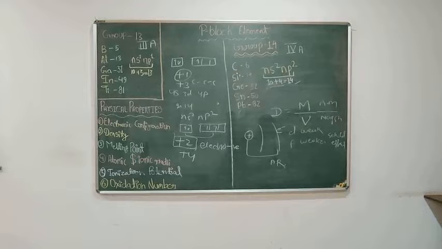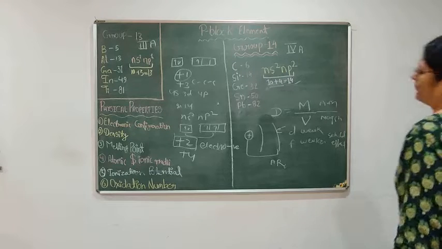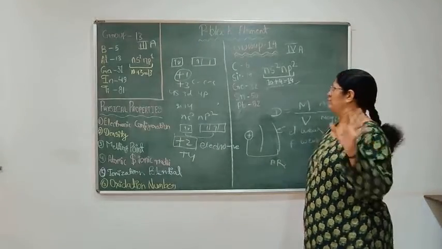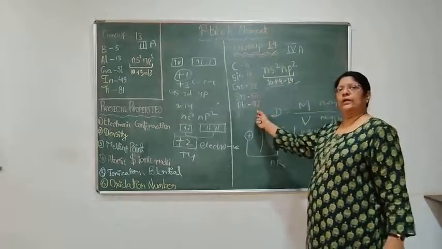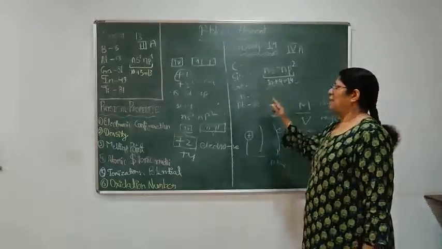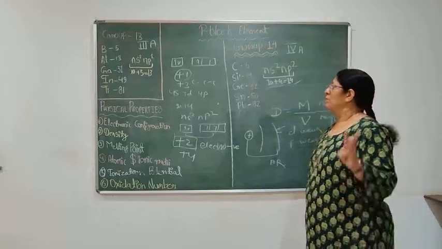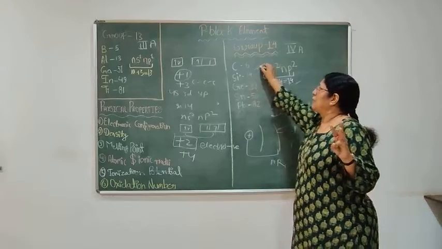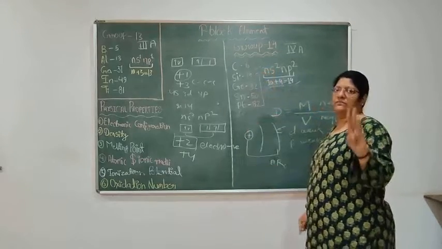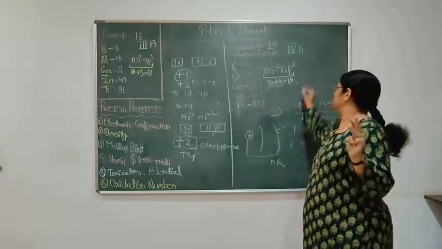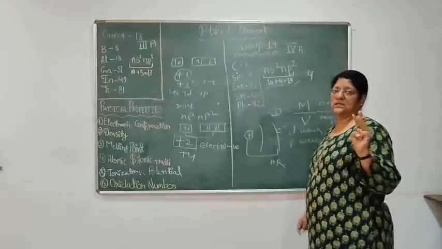Now there is one more property, that is complex formation, which is found only in the carbon family. The carbon family is capable of forming complex compounds because carbon to lead compounds have three characteristics. First, they have high charge, possessing +4 charge.